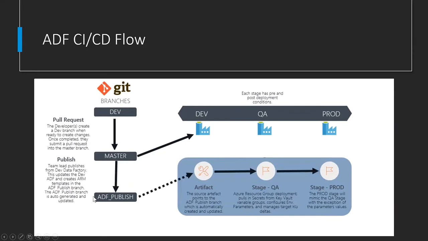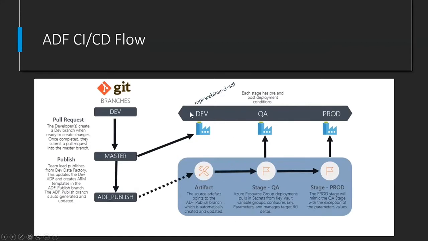Once you have your Azure Data Factory publish repository, so the ADF publish, it has the artifacts already inside it. And then you can create pipelines to deploy further your artifacts to your other environments, like, for example, to your QA environment or your production environment.